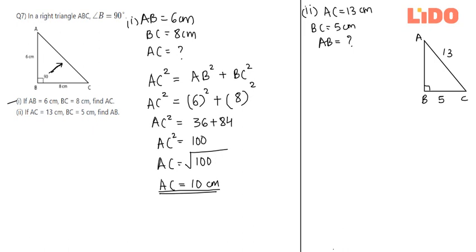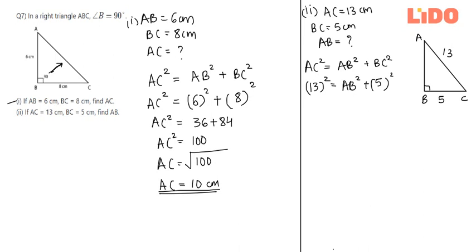So based on this formula that we just saw, the hypotenuse or the longest side square, AC square, is equal to AB square plus BC square. AC is given to us, so that is 13 square is equal to AB, which we need to find out, so we'll just leave it like this, plus BC is given to us as 5.